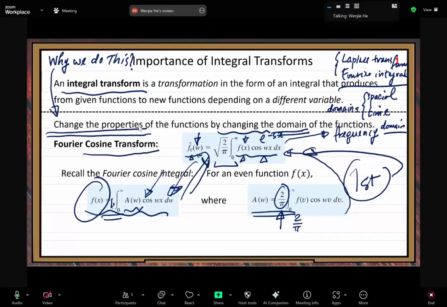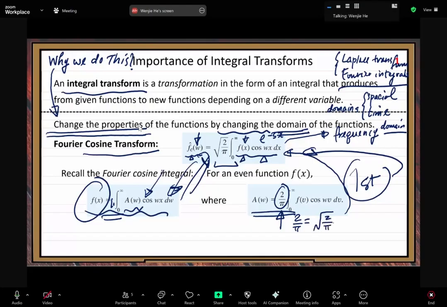When you do the transform, you multiply by the pi over 2 constant, but when you do the inverse transform, you do not multiply the same constant. People feel that's not fair, not balanced. People want to distribute the resource in a balanced way, so they split this 2 over pi into two parts.